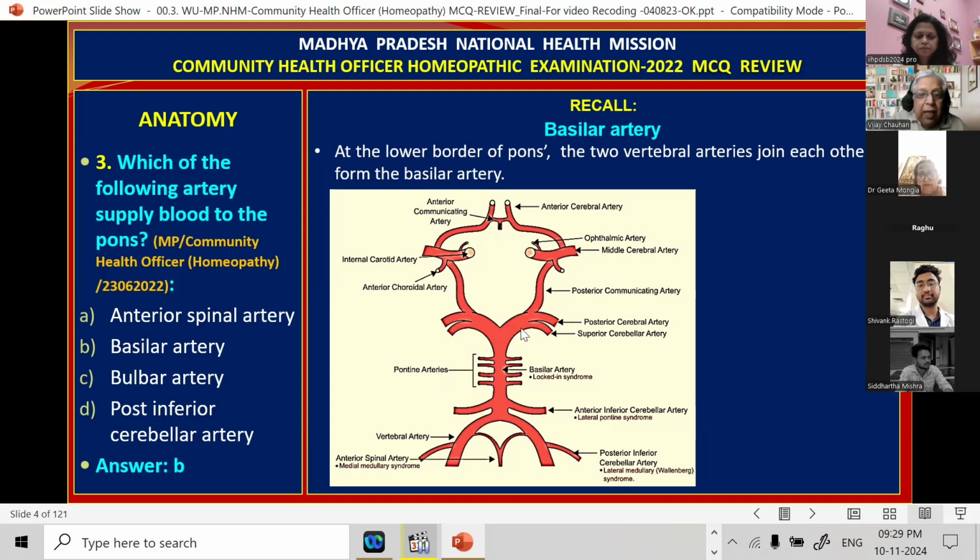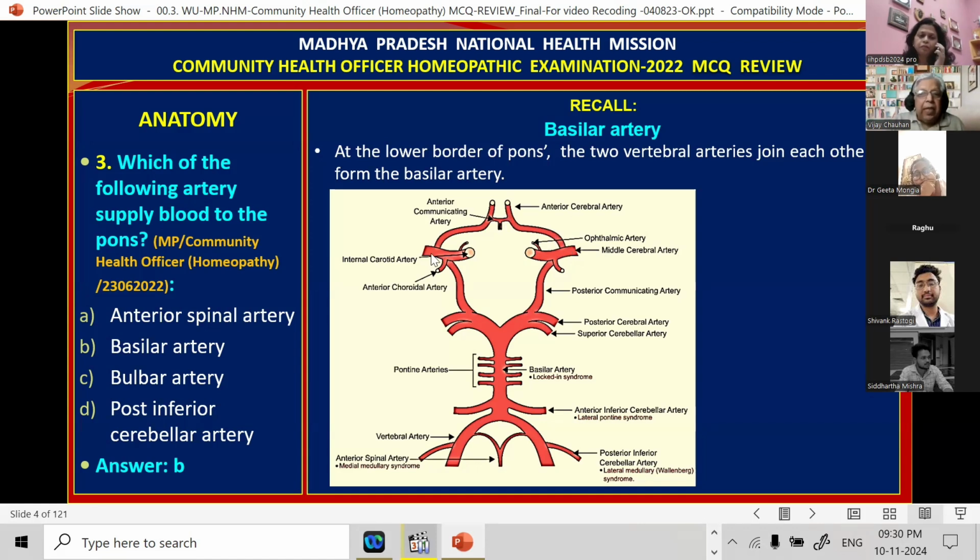Now this basilar artery is going to divide into the superior cerebellar artery and the posterior cerebral arteries. The superior cerebellar artery supplies the small brain, the cerebellum. The posterior cerebral artery gives one branch, the posterior communicating artery, which unites with the middle cerebral artery, which has one branch, the anterior cerebral artery.